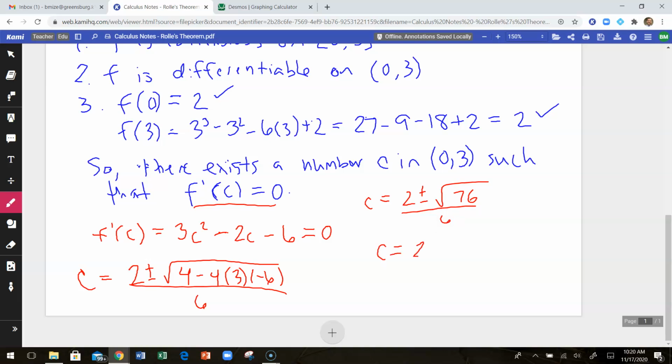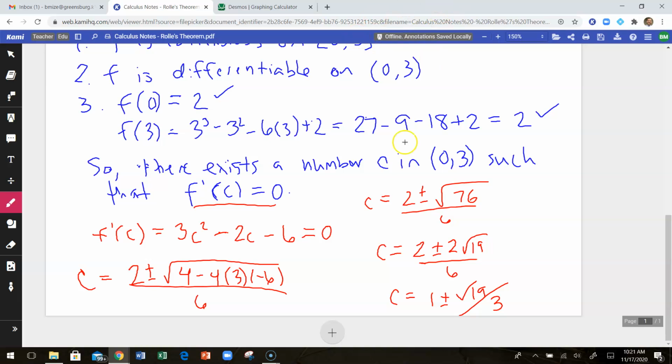So c is going to equal 2 plus or minus 2 square roots of 19 over 6. Let me go ahead and simplify that. That's going to be 1 plus or minus the square root of 19 over 3.